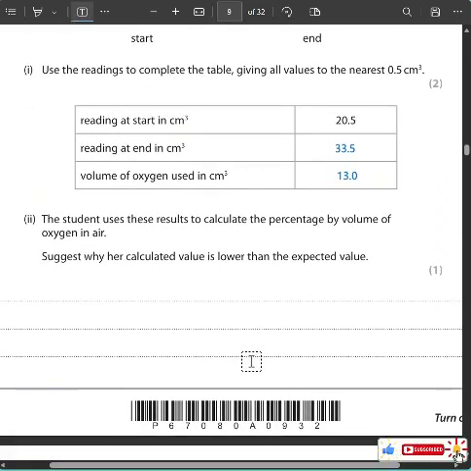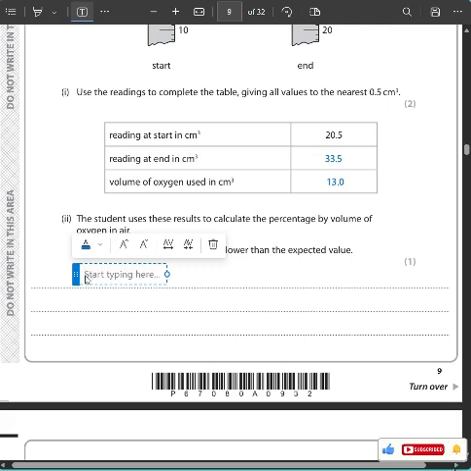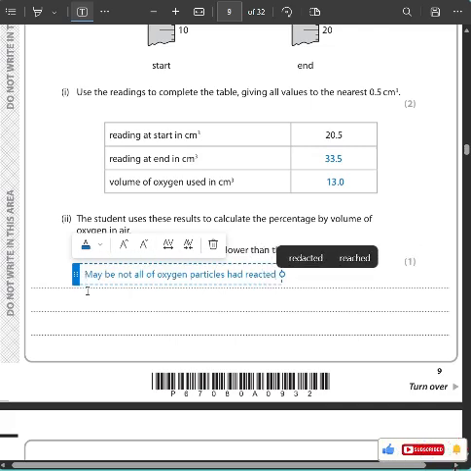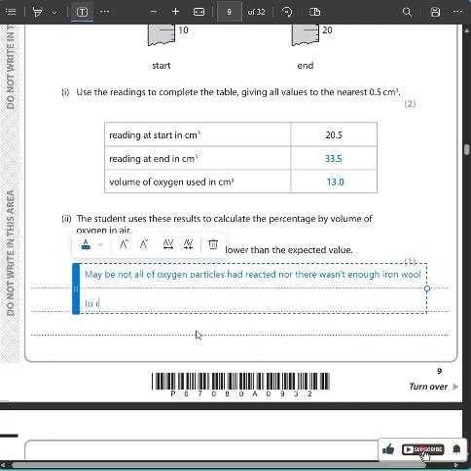The student used these results to calculate the percentage by volume of oxygen in air. Suggest why her calculated value is lower than the expected result. Maybe not all of the oxygen particles had reacted, or there wasn't enough iron wool to react.